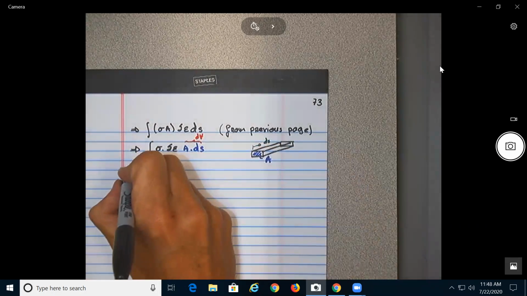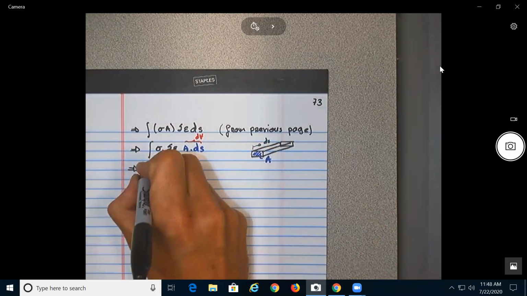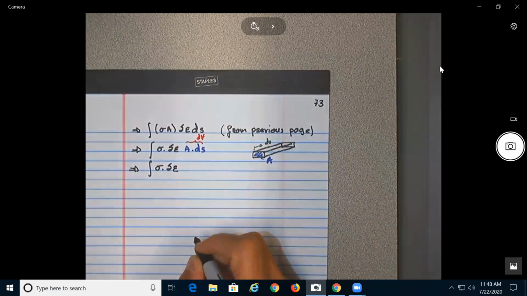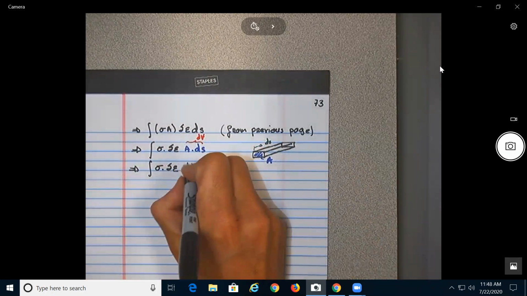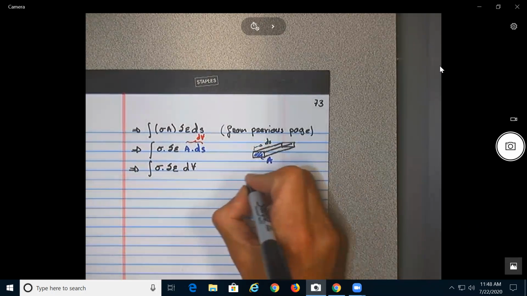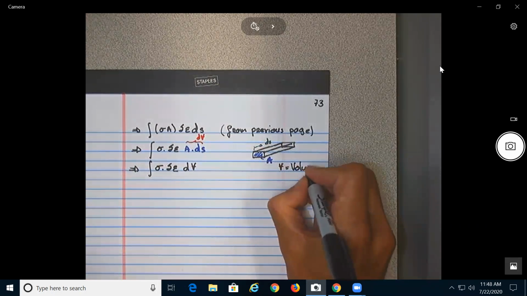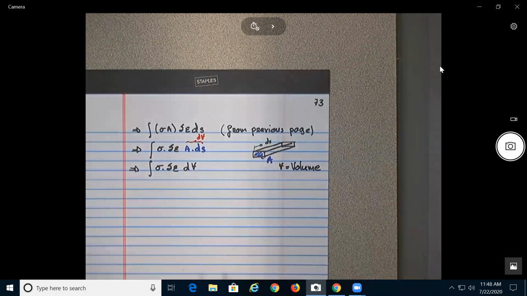So over here, you're going to have that equal to stress times partial strain, dV, where V over here is volume. So now let's go back to the fundamentals.